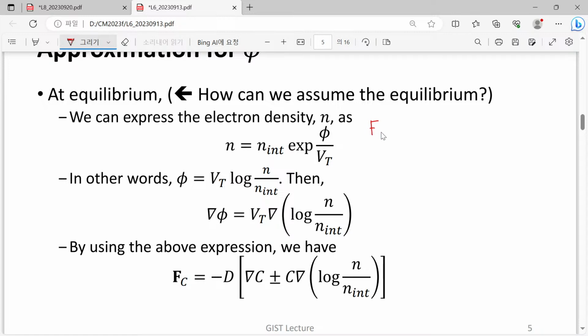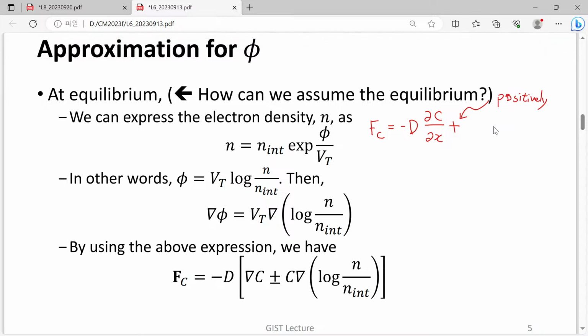So 1D. Now let's say ∂C/∂x, and for z just consider a positive number. This is related to the positively charged particle. If you wanted to consider a negatively charged particle, which one is negatively charged in our problem? The negatively charged particle corresponds to your boron atom.